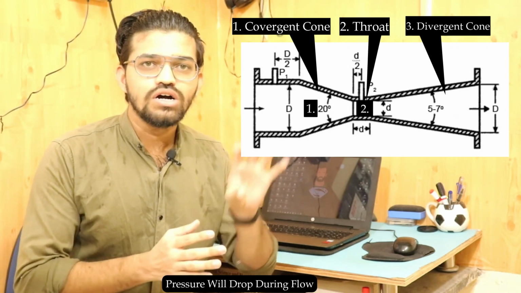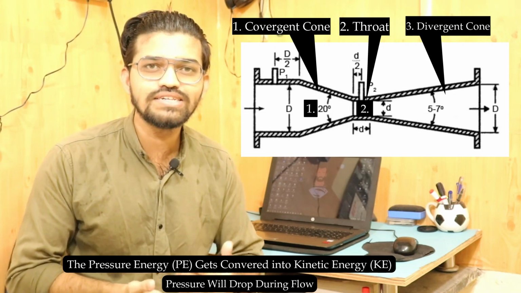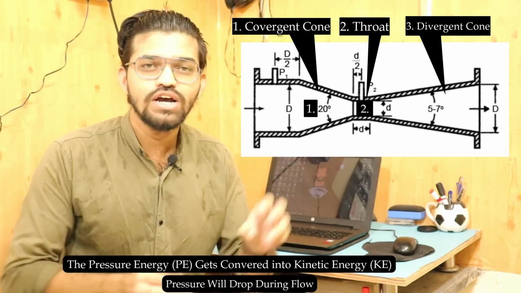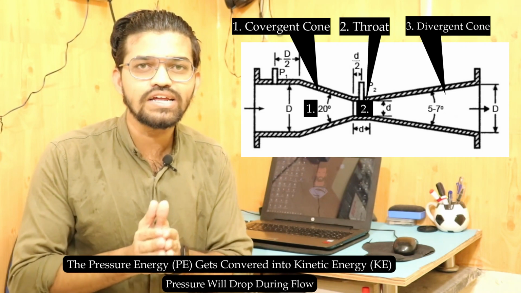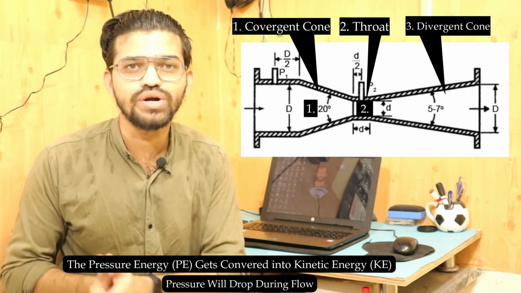Here the pressure energy gets converted into kinetic energy. This is the reason the velocity of the flowing fluid through the conversion cone will increase, and at the throat we get the higher velocity of the flowing fluid.